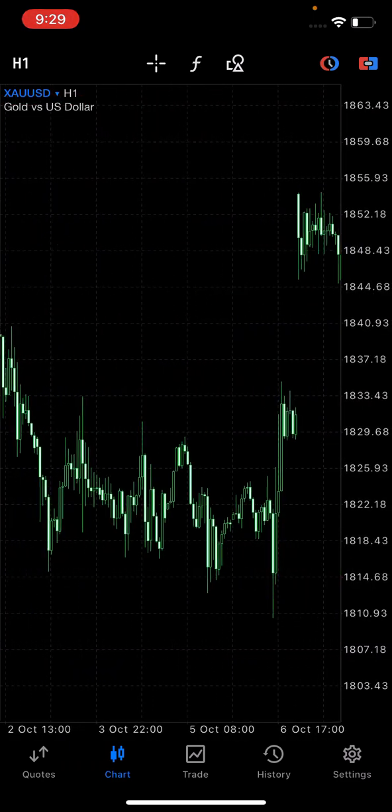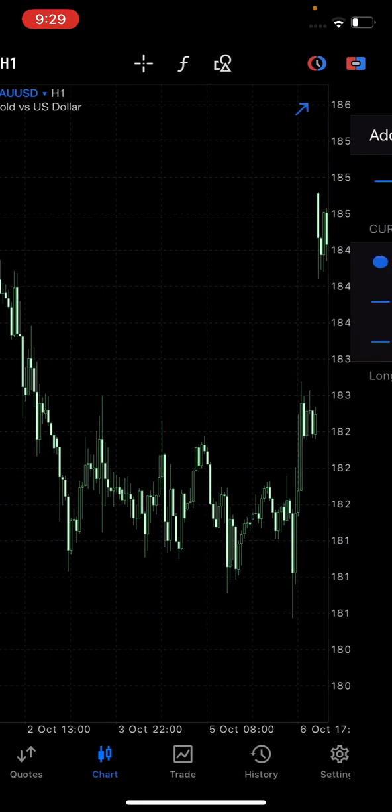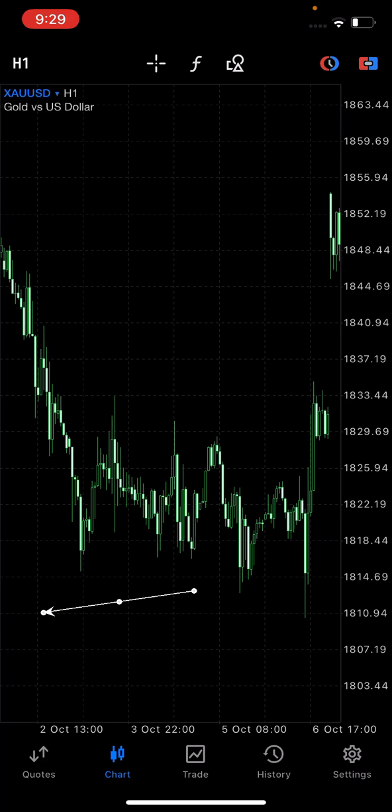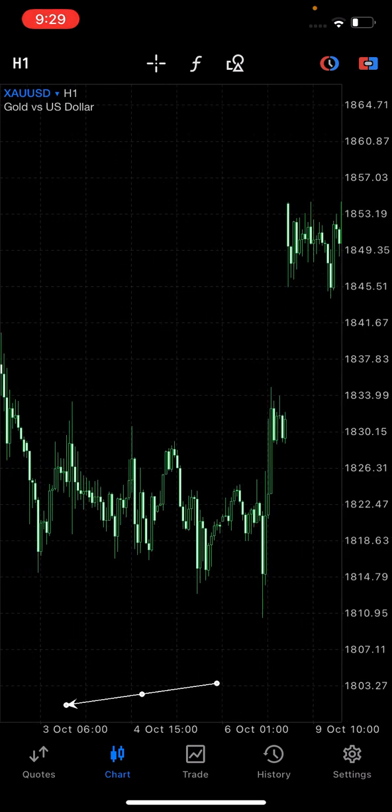Here's another example, right? You guys see multiple wicks here. There's one wick, there's 2, 3, 4, 5. You see quite a few wicks here, which would form a support zone.